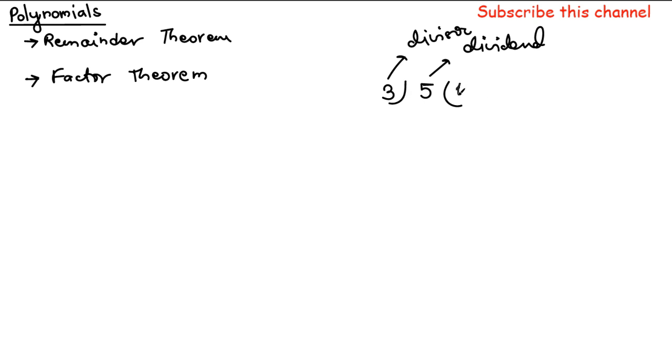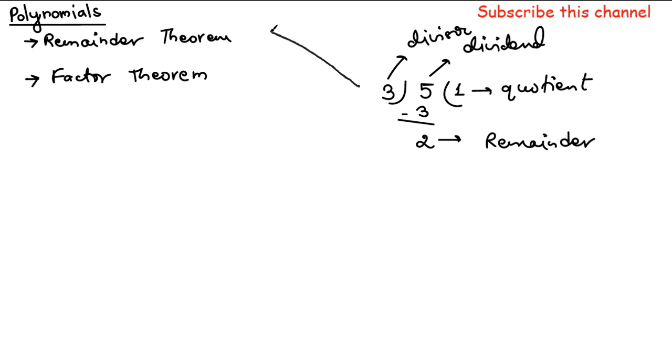Means 3 1 times is 3. If you do 2 times, it is more than 5. So we'll do 1 time only, and what comes remainder? 2. Means this is known as quotient, and this is known as remainder.